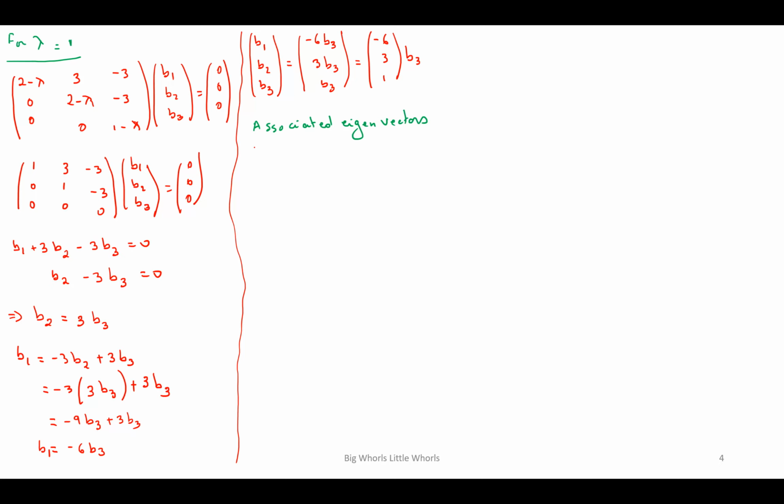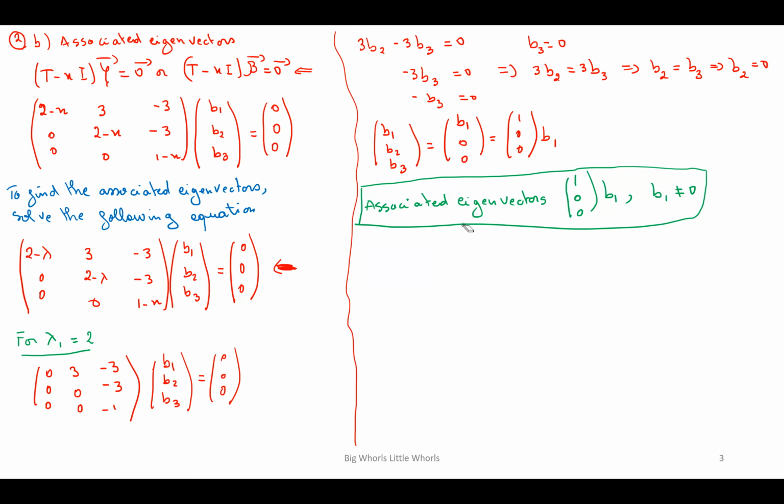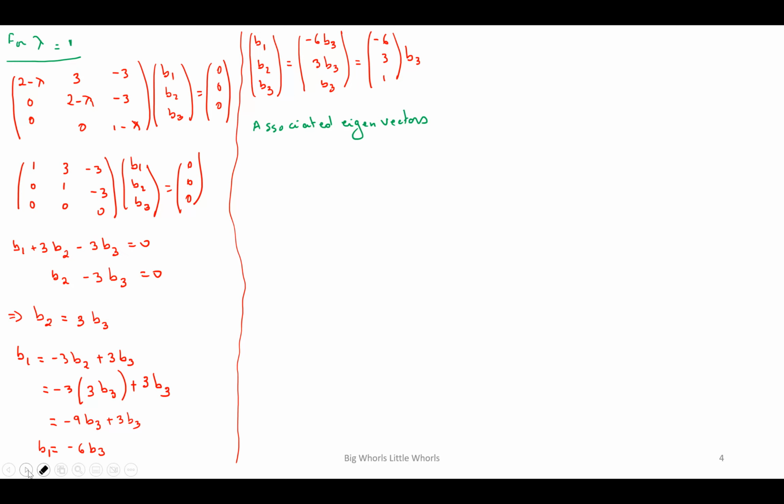Let me write it in green as the previous one. b1, b2, b3 is equal to minus 6, 3, and 1 multiplied by b3, with b3 being different from 0. So that's the eigenvectors associated with the lambda 1.